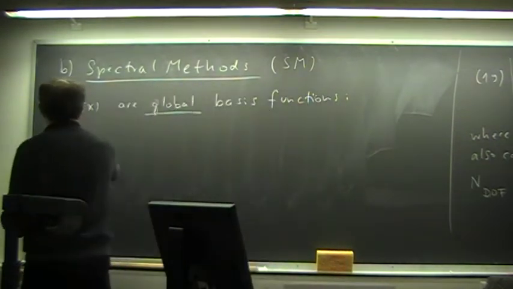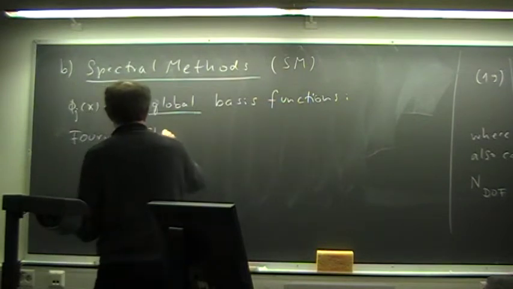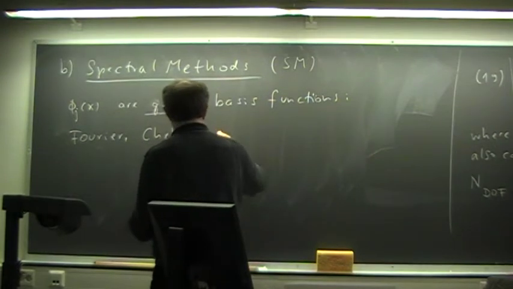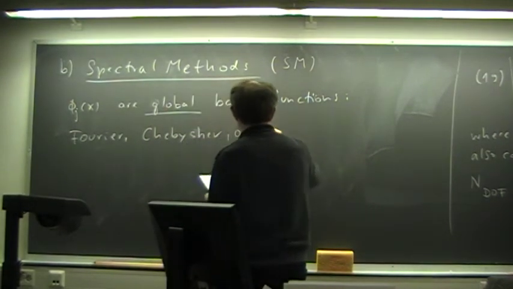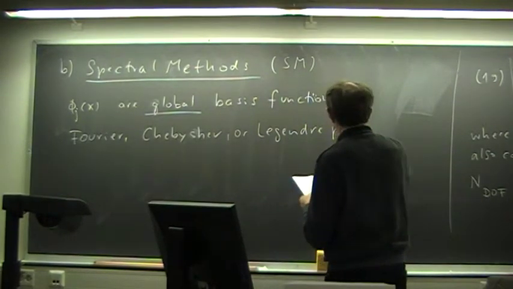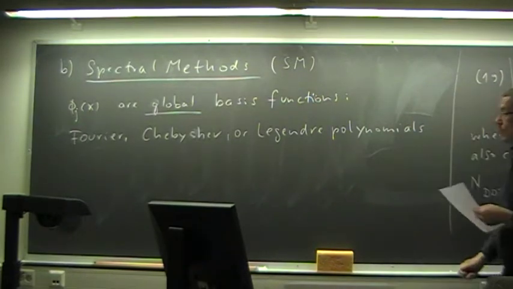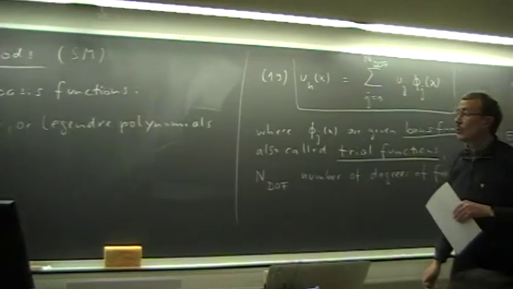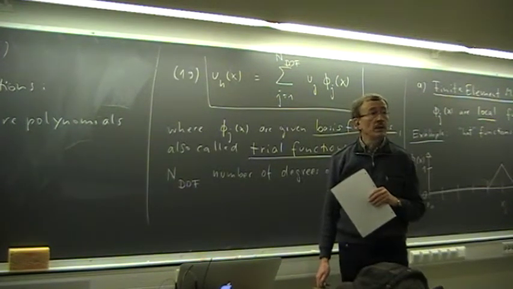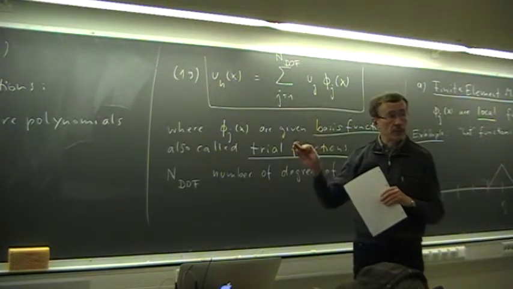And the ones that are mostly used are Fourier, Chebyshev, or Legendre polynomials. So then we can have a number of them, and it turns out we do not need that many, because this method is extremely accurate.